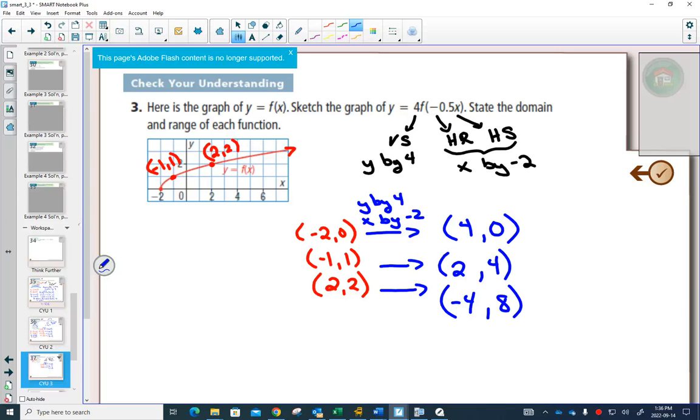So if we graph this on here, we have 4, 0, 2, 4, and -4, which is off of here, and 8 will be somewhere up there.